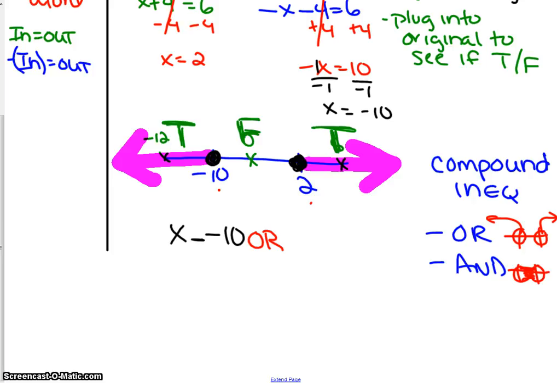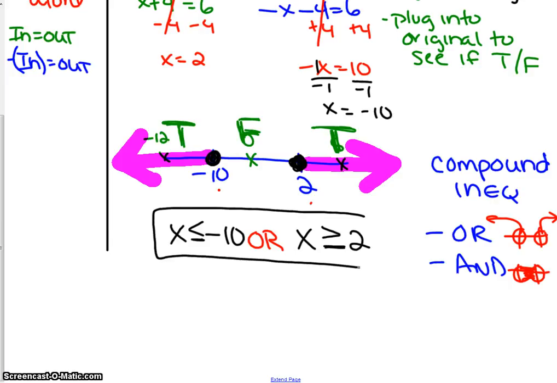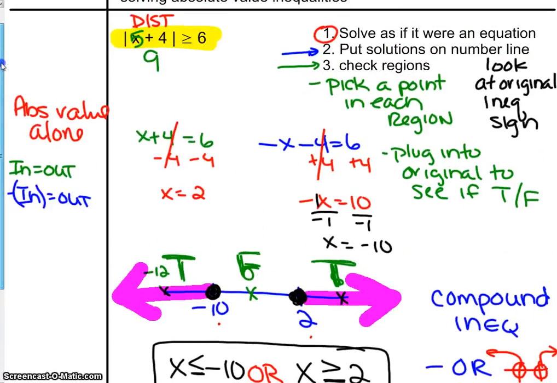Because it's a closed circle, we have the equals. Inequalities point left, so I want my inequality pointing left. Compare my x with 2. Again, I need the equal. There's my solution. If I pick any number that's less than or equal to negative 10, or if I pick a number that's greater than or equal to 2 and plug it back into my original inequality, it's going to work.